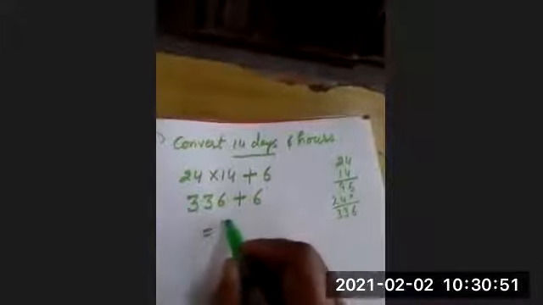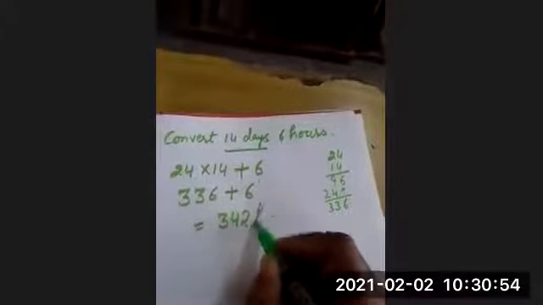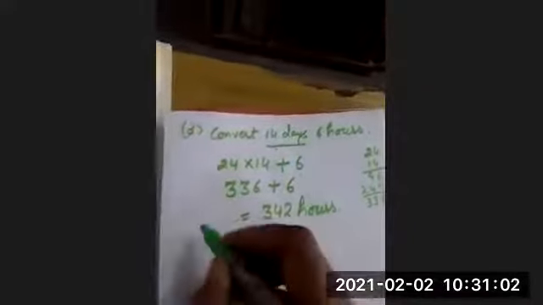Now on the left side, multiply 24 into 14. First we will multiply by 4. 336 plus 6, 342 hours. So in 14 days and 6 hours, we have 342 hours.